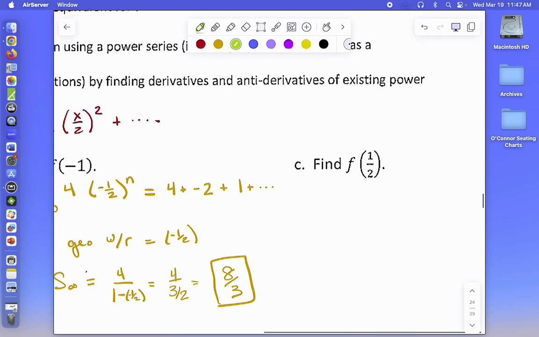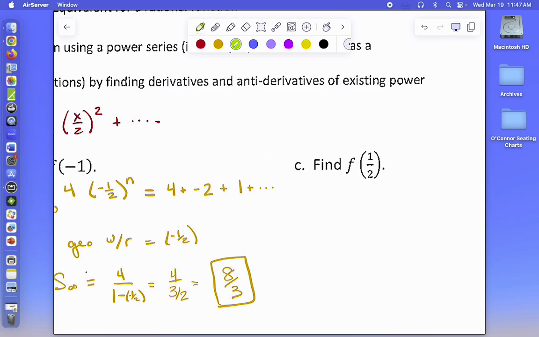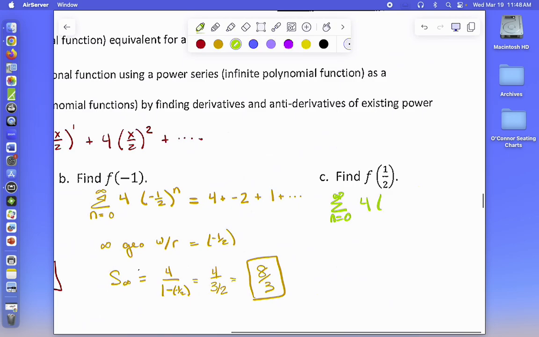Okay, let's find f of 1/2. Same idea. I'm looking for my infinite sum from n equals 0 to infinity of 4 times 1/2 divided by 2, which is 1/4, to the n.